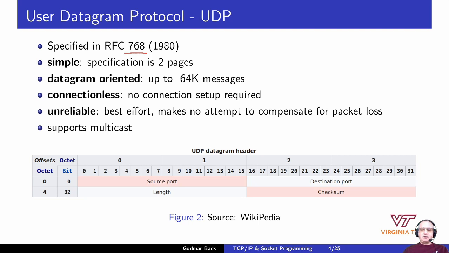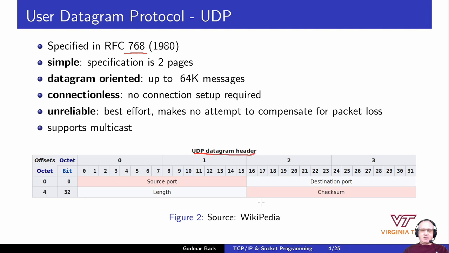UDP is what we say is a connectionless protocol. That means no connection setup is required for a sender to send a datagram to a server or receiver. UDP also supports multicast as an aside, where a packet can be broadcast to multiple receivers. Here at the bottom, I'm showing the UDP datagram header.